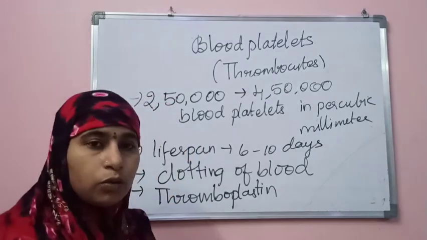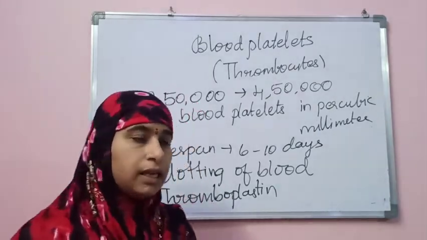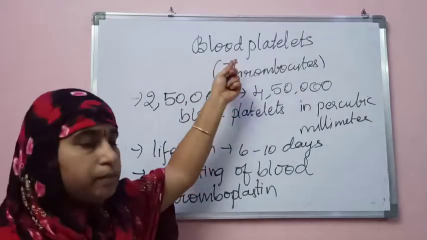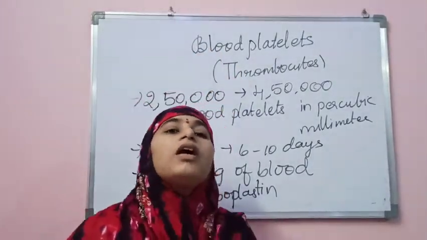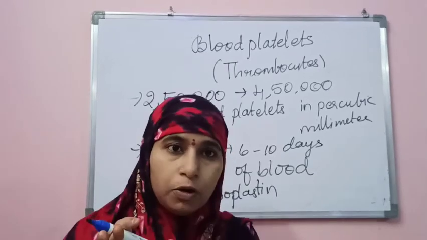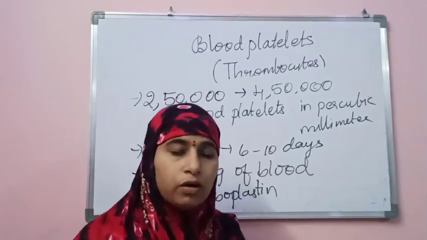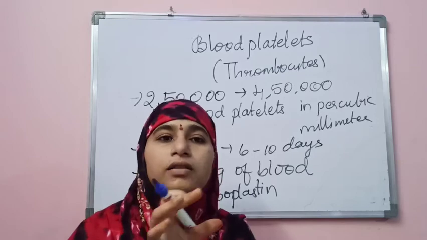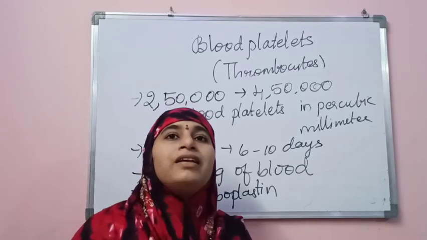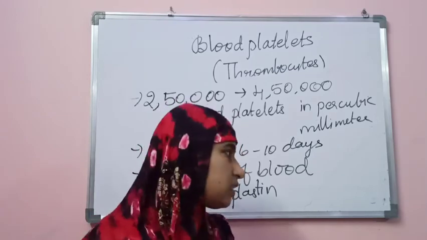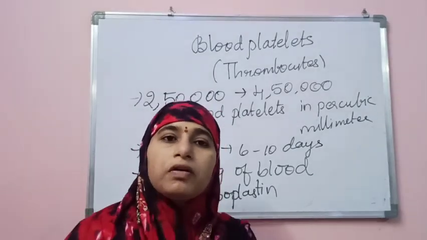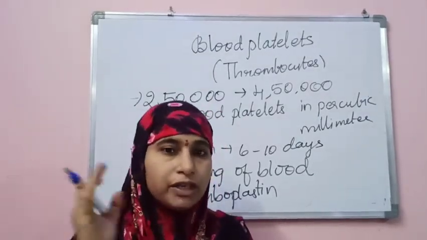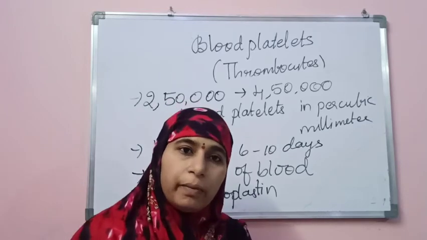Okay, so this is about the third type of blood cells. The blood platelets are otherwise called thrombocytes, and they do not have a nucleus, and they have a biconvex shape. The lifespan of the blood platelets is around 6 to 10 days. In a cubic millimeter of blood, 2,50,000 to 4,50,000 blood platelets will be present.